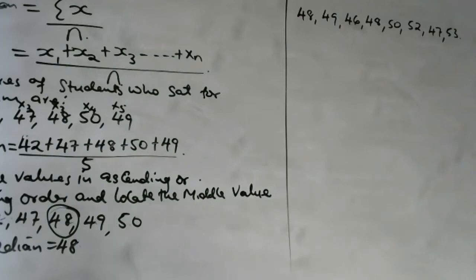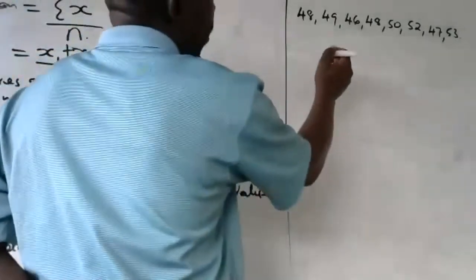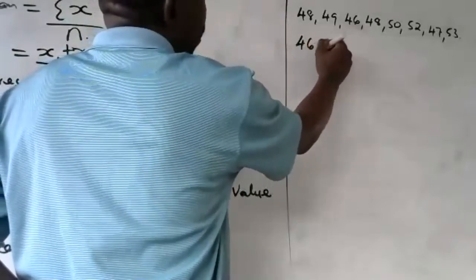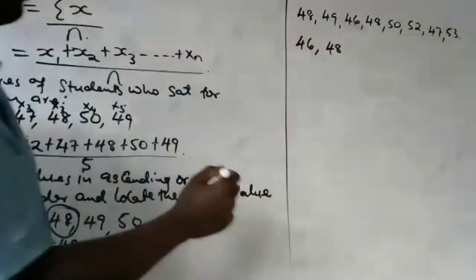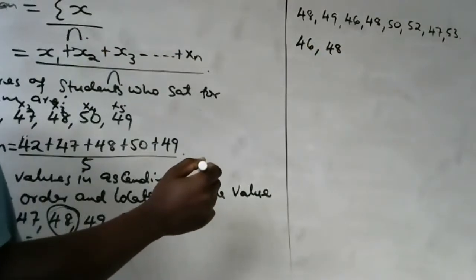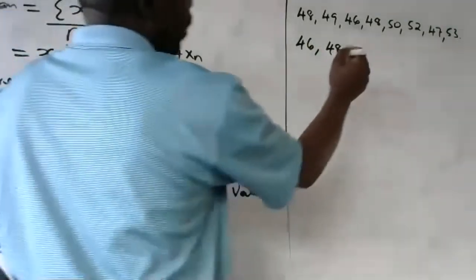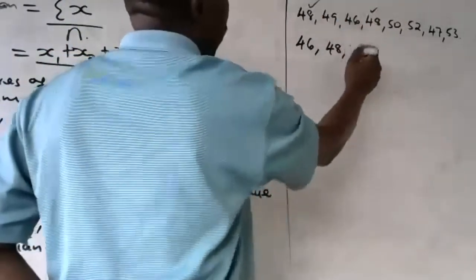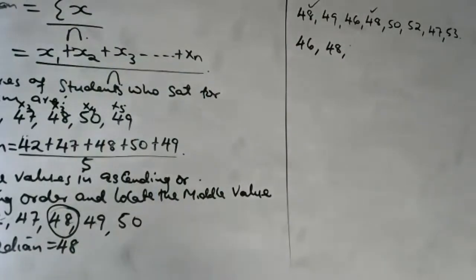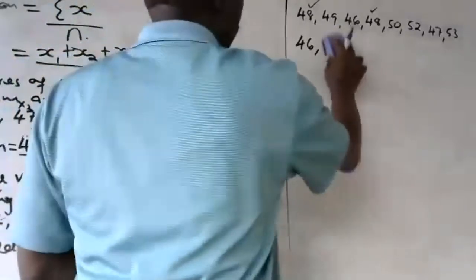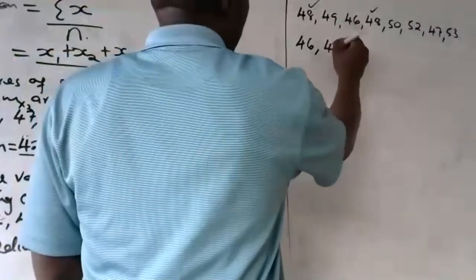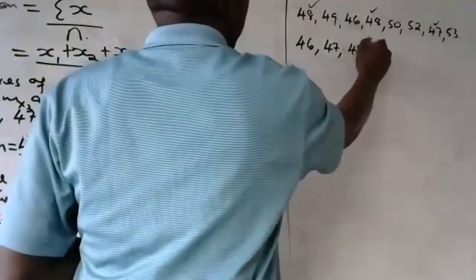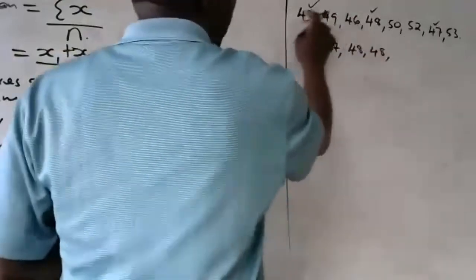So if you arrange this one, the smallest one is 46, followed by 47, followed by 48, and 48 again. Then we go to 48, because they are two.